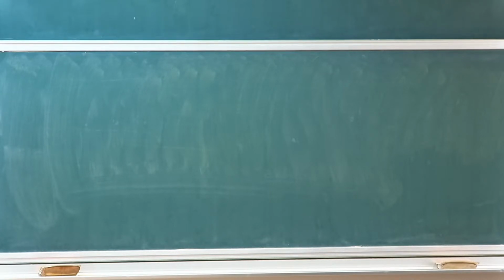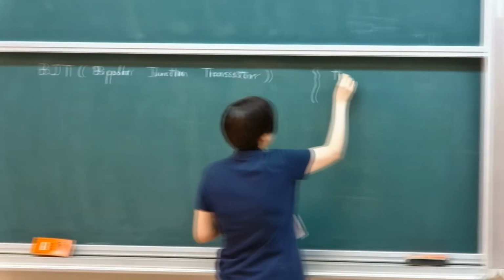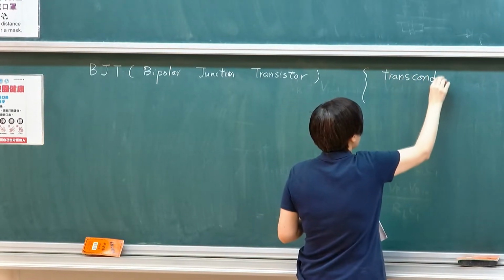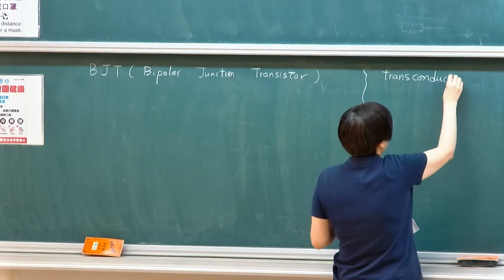The main idea of a transistor, as the word itself suggests, is to transfer the signal in order to control the resistance. One of the key components in a transistor, instead of resistance, we typically talk about transconductance.